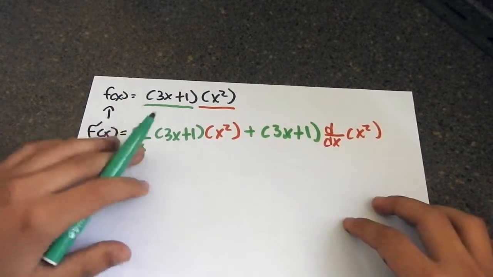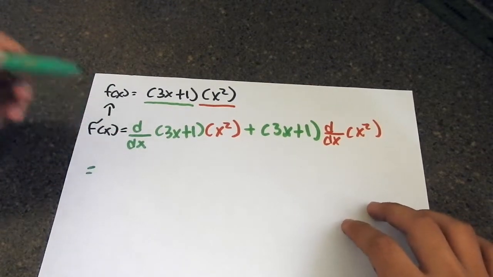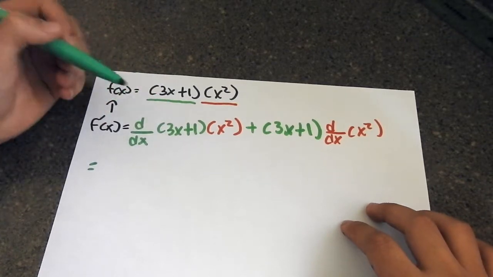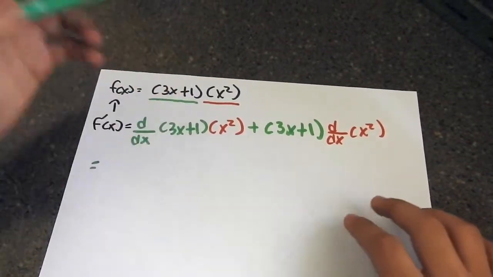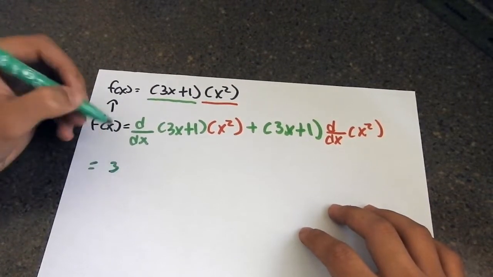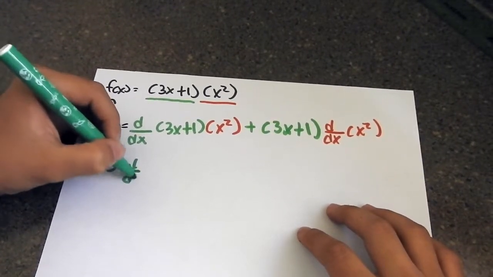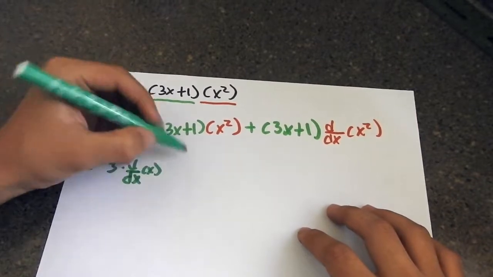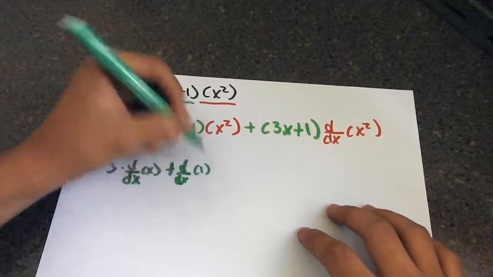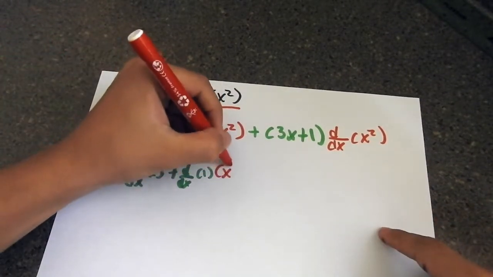So now I'm going to start with this side. We're going to have the derivative operator applied to 3x plus 1. We're going to take the derivative of just 3x plus 1. So we have a constant over here, so we take out the constant 3 times the derivative of x plus the derivative of 1. This times x squared.